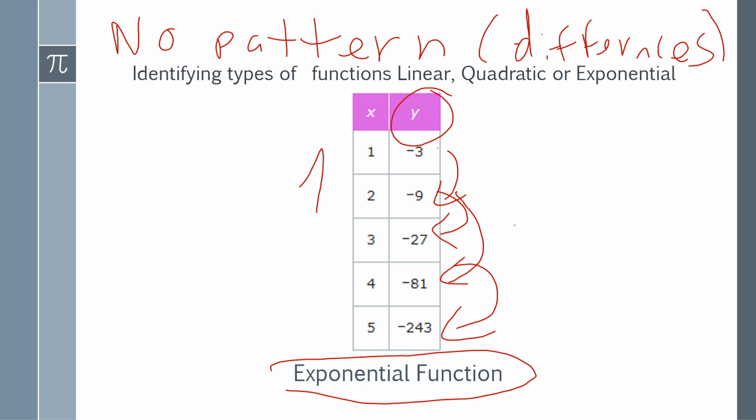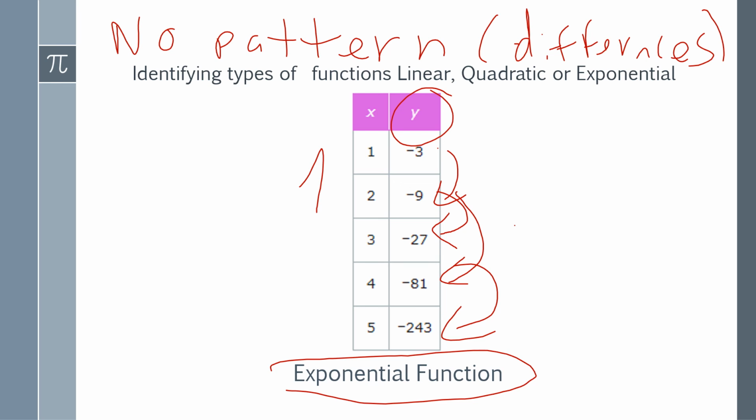It got bigger fast. So I went from 3 to 9, 9 to 27, 27 to 81. And again, I know all those are negative numbers. To find the difference of these things, the negative numbers are not going to matter, because at the end of the day, you're still going to get the same difference. Right?